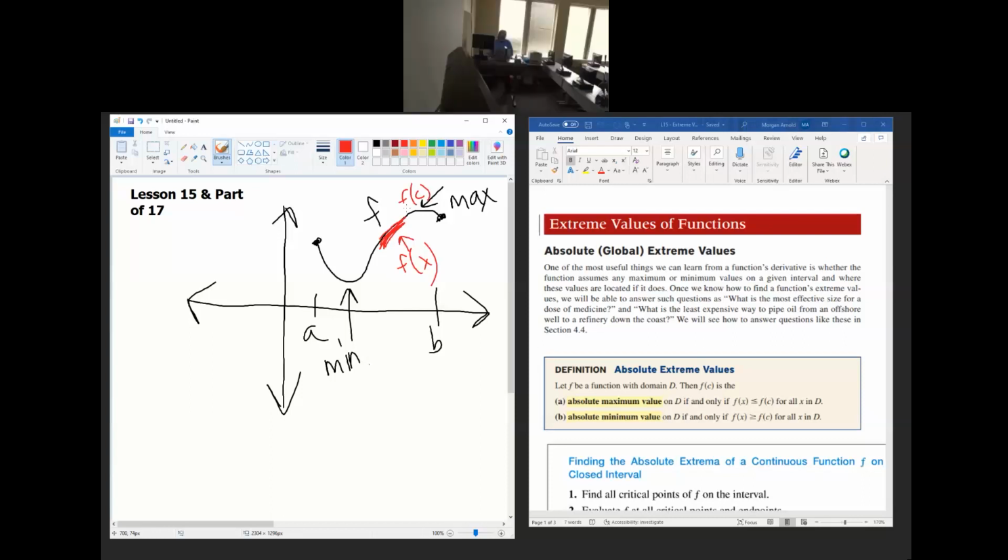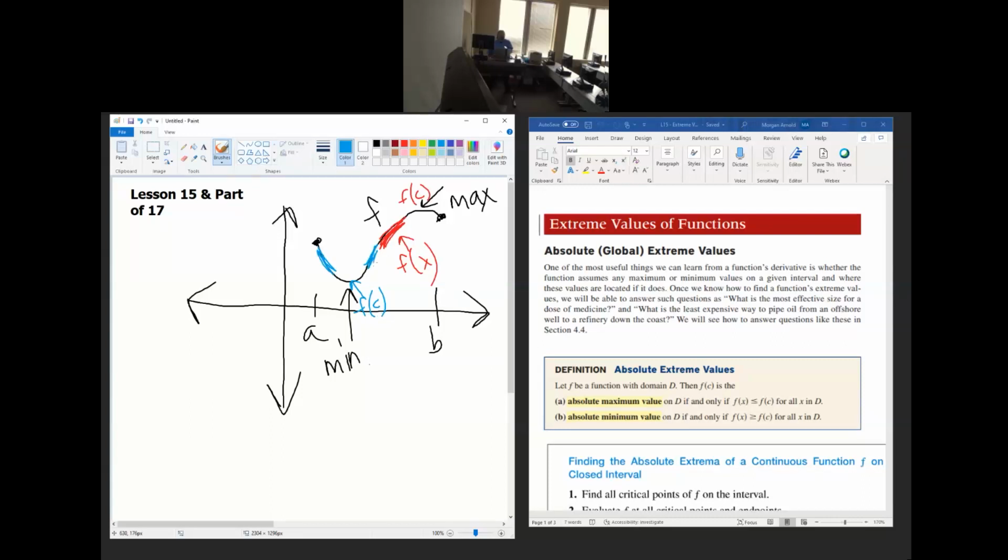You have an absolute minimum value if and only if your function f of x is actually greater than or equal to this f of c. To illustrate that, here's f of c, our minimum point, or excuse me, possible minimum point.